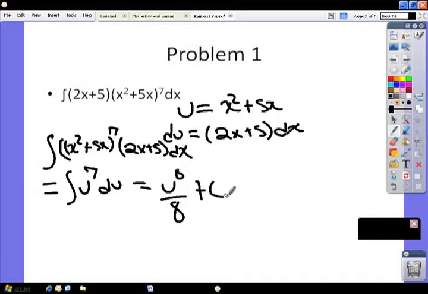Then you plug back in the original u, and you get 1/8 (x squared plus 5x) to the 8th plus c.